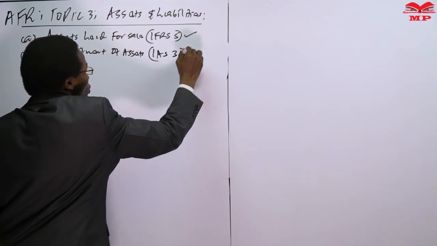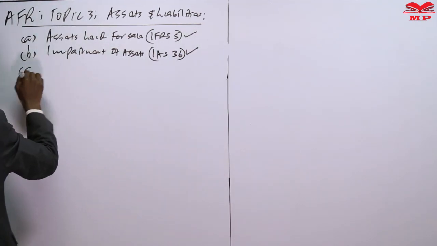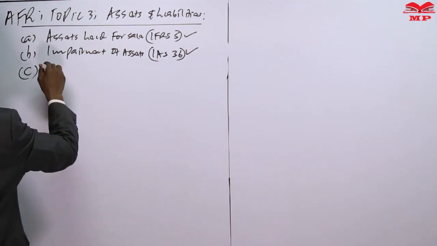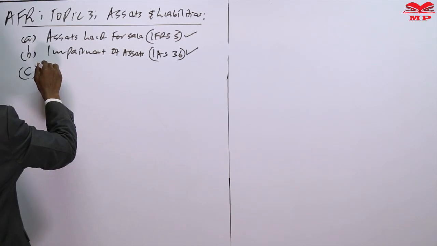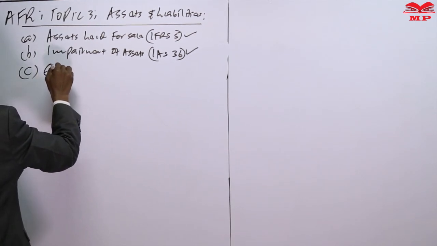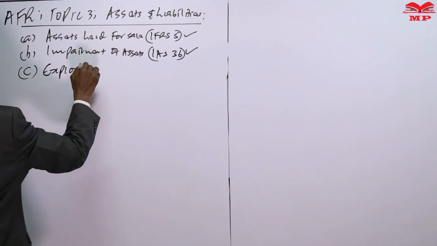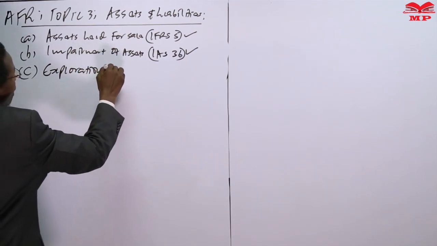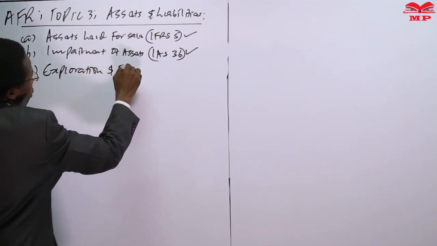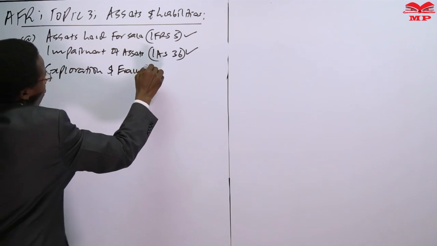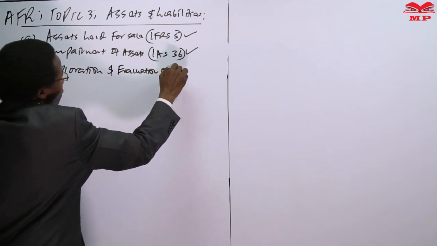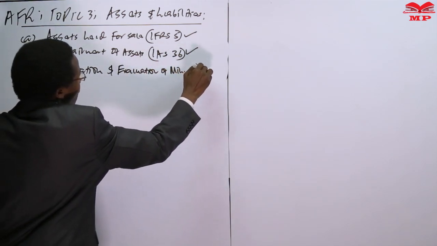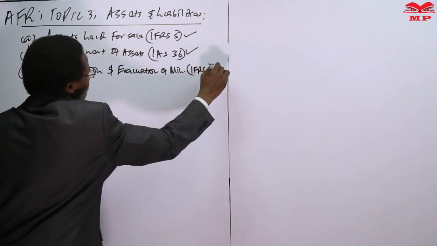Then C, we also looked at exploration and evaluation of minerals. This is IFRS 6. We have already done that.